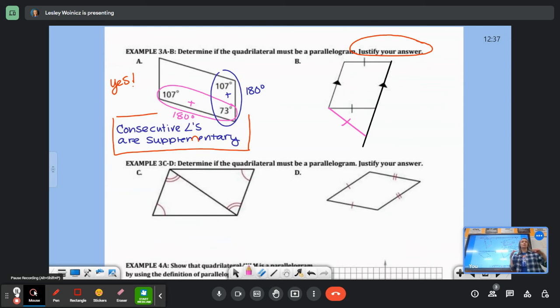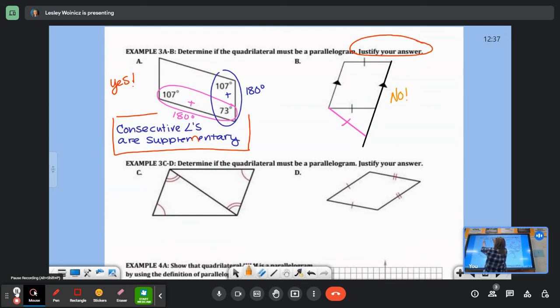Okay, I think we can say that this is a trapezoid, but we can't say that it's a parallelogram. So we're going to say no. Why? Because this side here can be the same length in this position or this position.